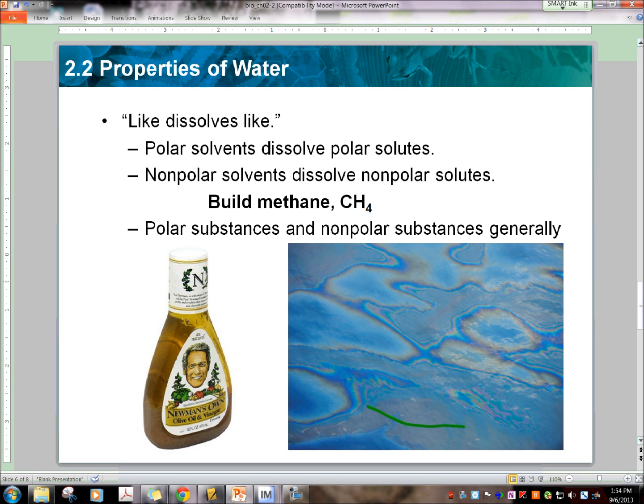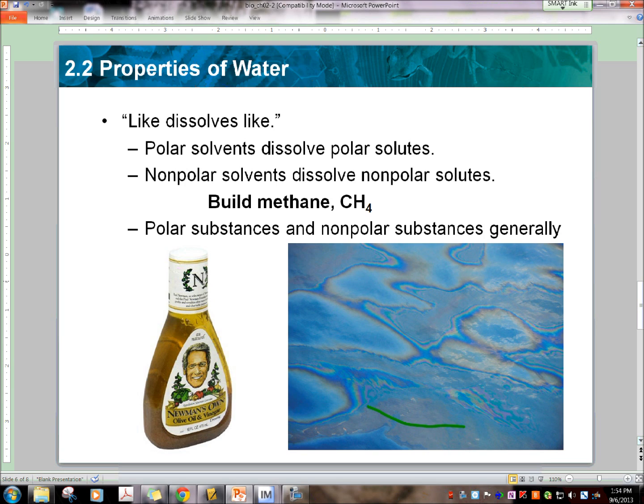Water is polar because there's a negative side and a positive side. There are other things that aren't like that, non-polar, and likes dissolve likes. So non-polar only dissolves non-polar things. Polar only dissolves polar. This is mostly because polar things don't want to be near non-polar and vice versa.